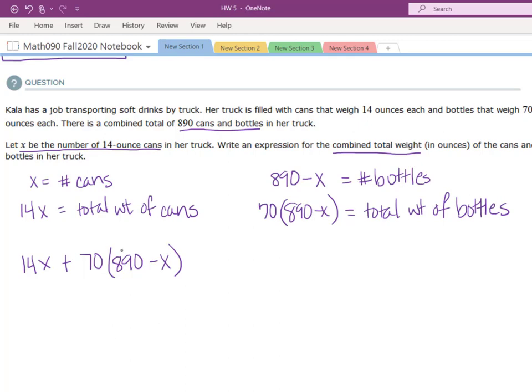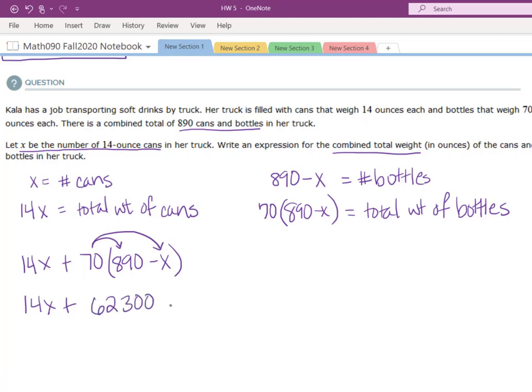So I'm going to go ahead and distribute the 70 and combine like terms to get this as simple as possible. Okay, so we'll have 14x, write that down first, plus 70 times 890. 70 times 890 is 62,300.